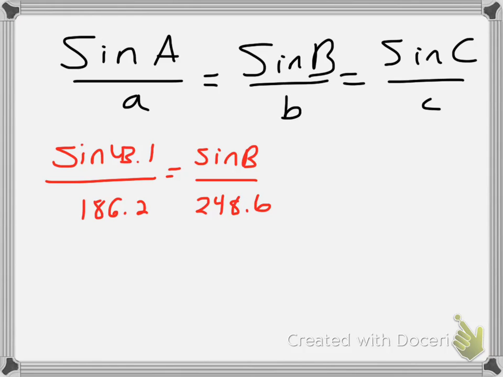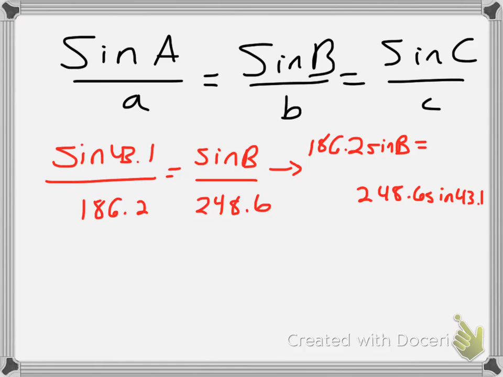Now I can use cross multiplication to set up the equation 186.2 sine of B equals 248.6 sine of 43.1.